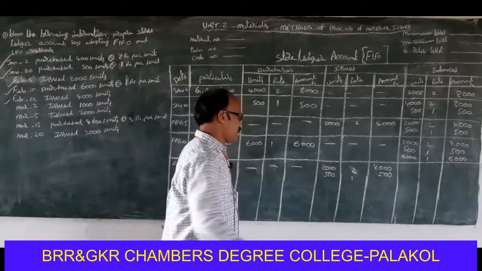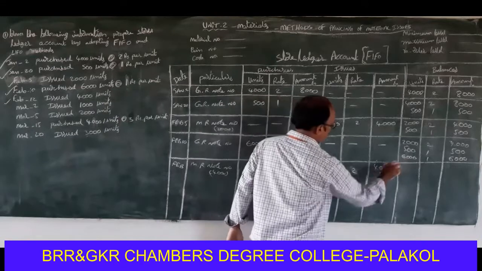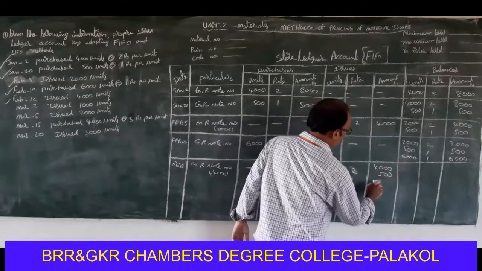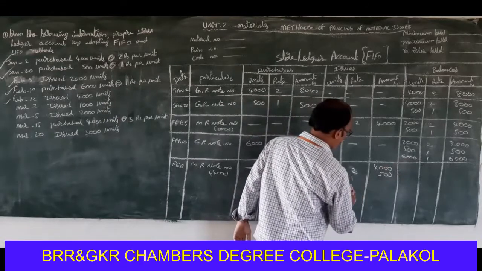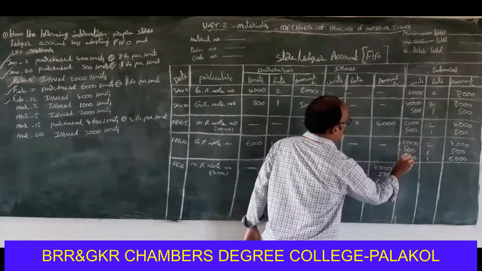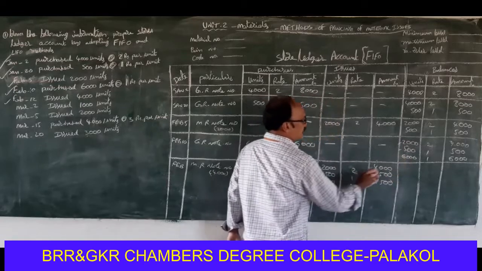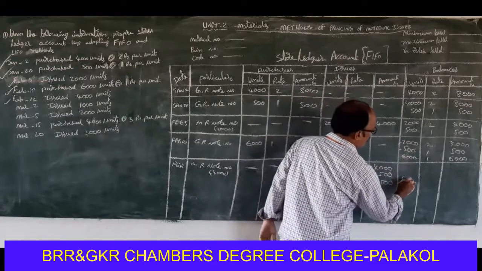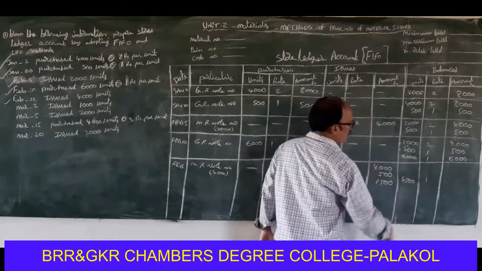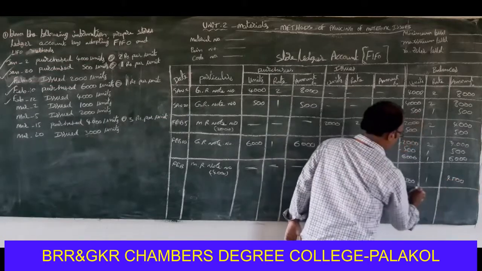So remaining 1,500 units received from this. 1,500 into 1, 1,500. So this is over. So from this we released only 1,500. So remaining 4,500 into 1, that is equal to 4,500.